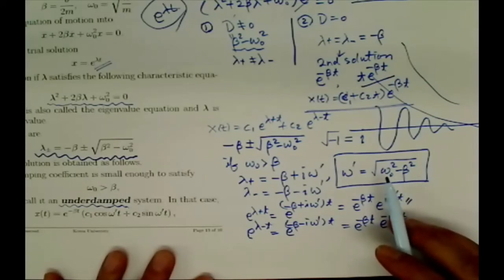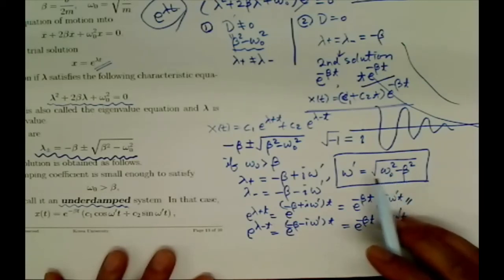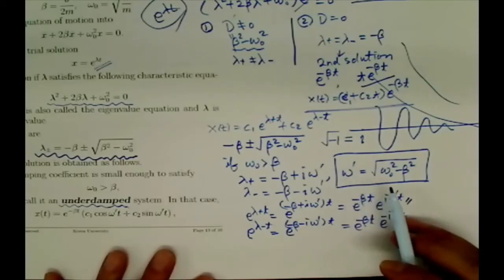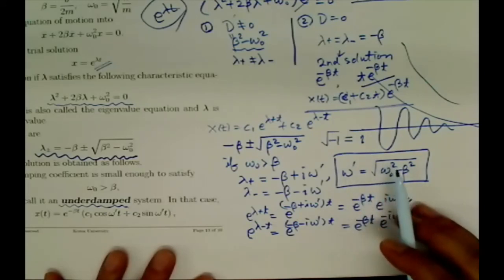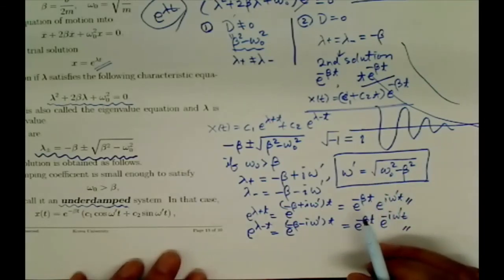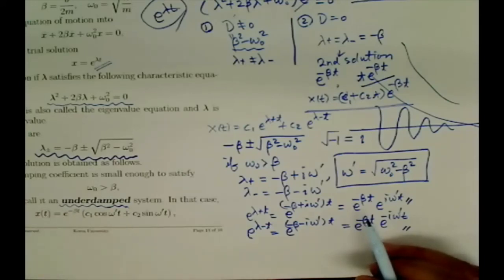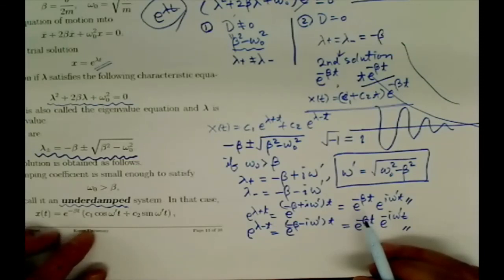Because omega 0 squared and beta squared are real and positive numbers, omega prime must be smaller than omega 0. That means the angular frequency decreases, which means its period increases in comparison with the case of beta equals 0.